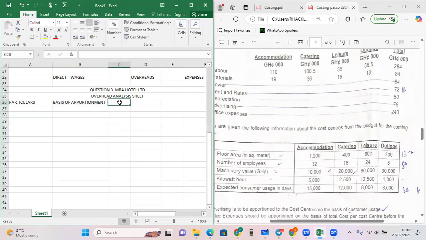We have accommodation. So we are going to put all this accommodation.